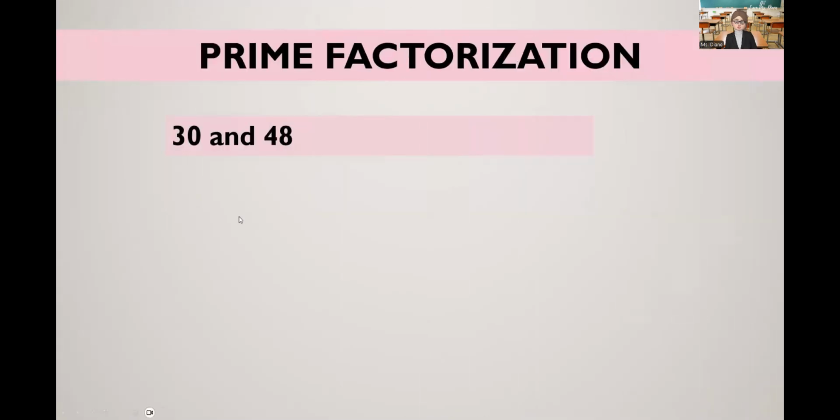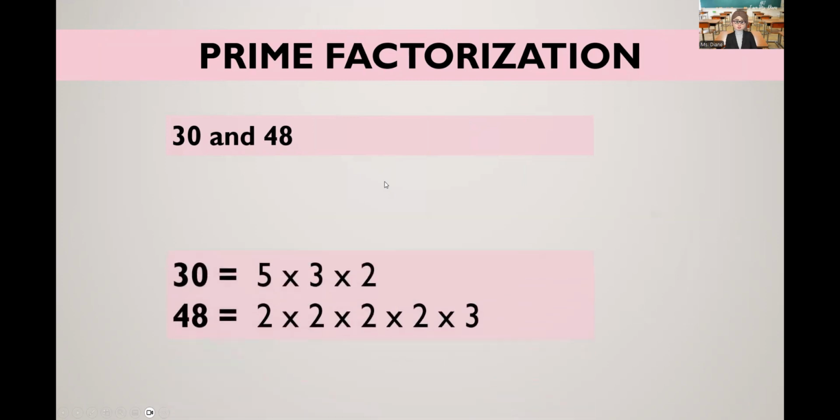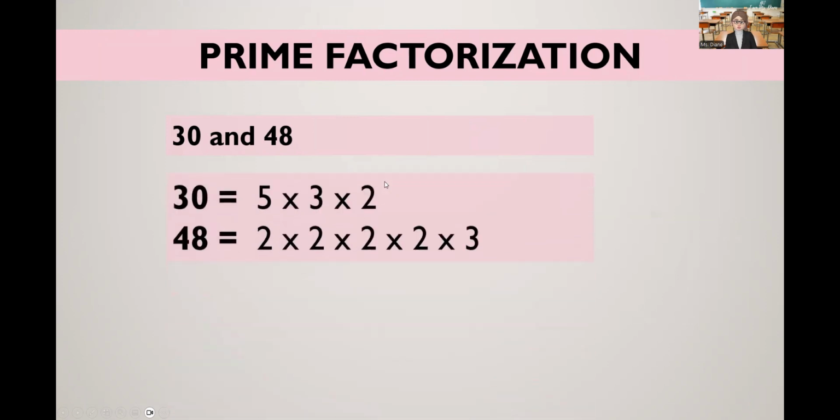Next, finding the GCF by using prime factorization. So let's find the GCF of 30 and 48. How did we get 5 times 3 times 2, and 2 times 2 times 2 times 2 times 3? We have to factor out each.